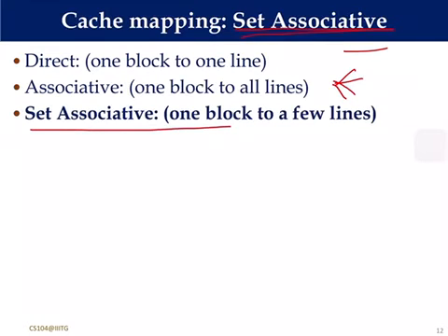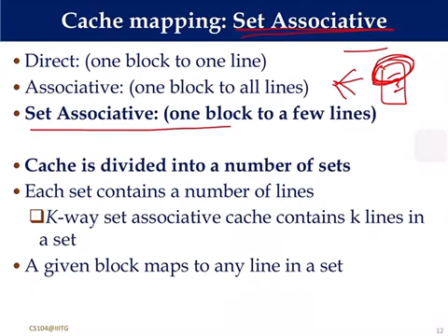As the name says, or rather as the intuition says, it should be something in between. So don't look at all the cache lines, rather look at a few places in the cache, and that particular bunch is called one set.